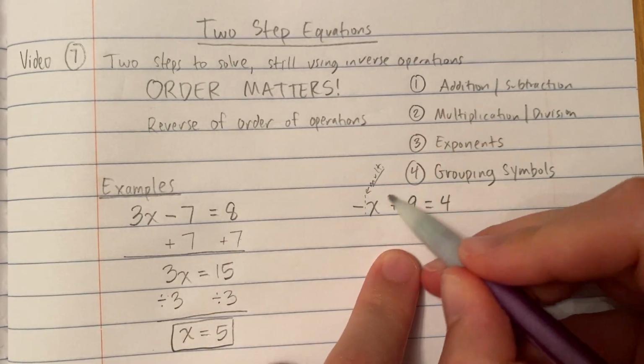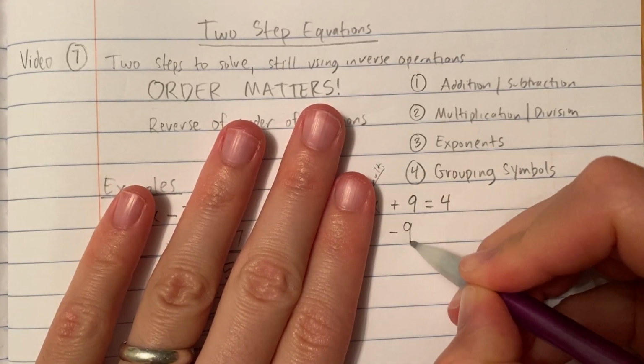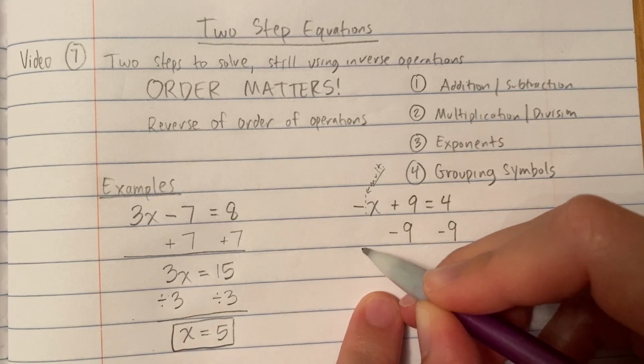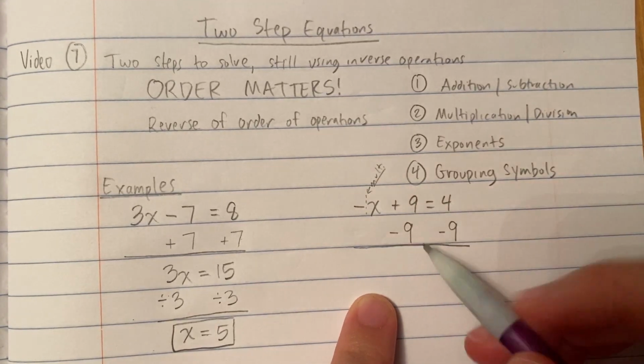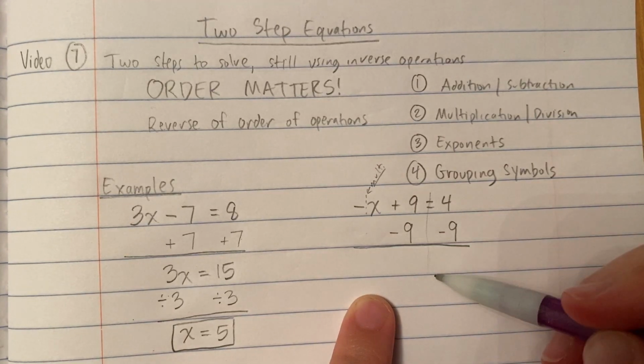This is multiplication over here, but I do addition and subtraction first. So first I'm going to get rid of this addition. I have plus 9. How do I undo that? I subtract 9. Do it on one side of the equation. Do it on the other side, right? Here's the equal sign. You have to do it on both sides of the equation. So don't subtract 9 here and here, right? It's got to be on either side of that equal sign.